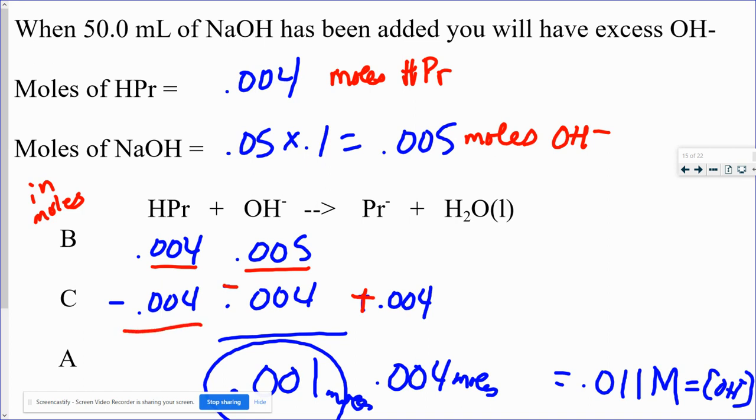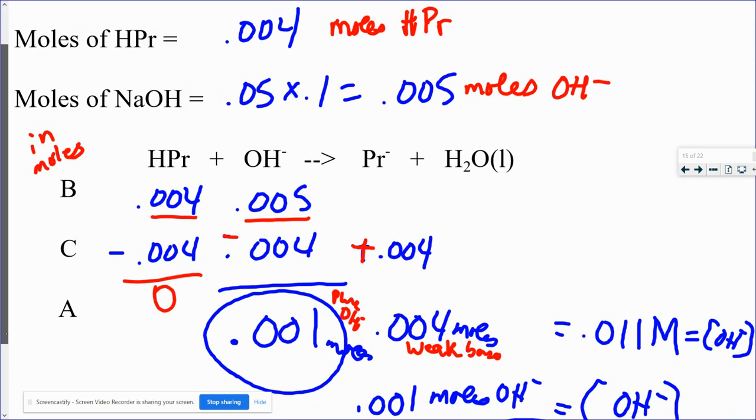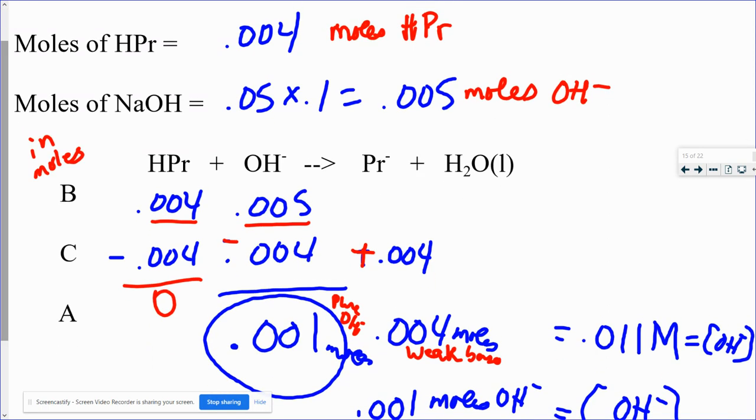So we subtract that out, that's 0, that ends up with 0.001 moles of pure OH minus left and 0.004 moles of weak base. At this point, we have 0.001 moles of pure OH minus. That weak base will form a little more OH minus, but it's not going to be that much because it's a pretty weak base.